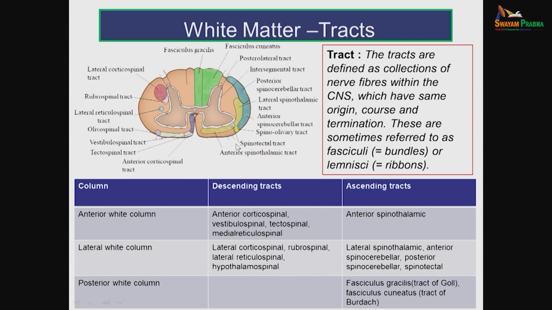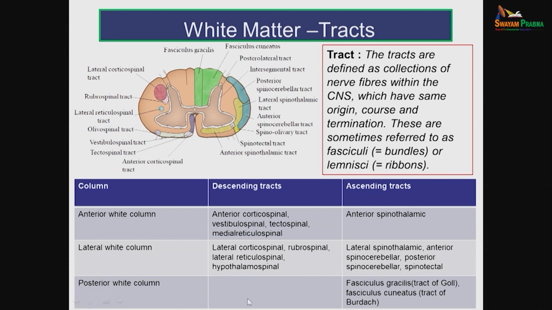On the right side of what I am showing are the ascending tracts, and on the left side the descending tracts. This is for picture purposes; both ascending and descending tracts are seen on both sides. For your understanding, the picture shows ascending tracts on one side and descending tracts on the other.